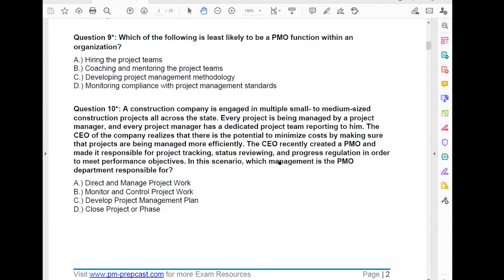D, monitoring compliance with project management standards. PMO means project management office. Usually PMO is only for big companies. For small companies, there's no need for PMO.